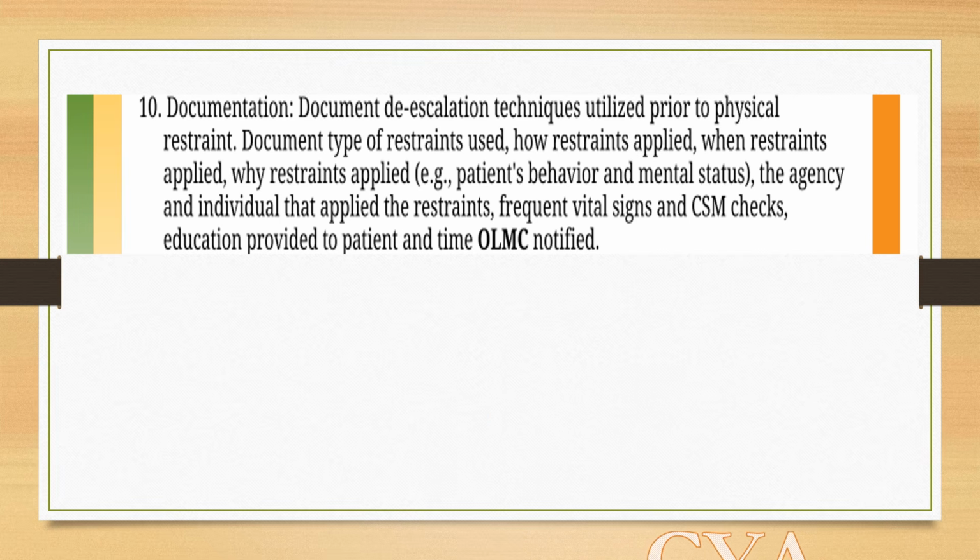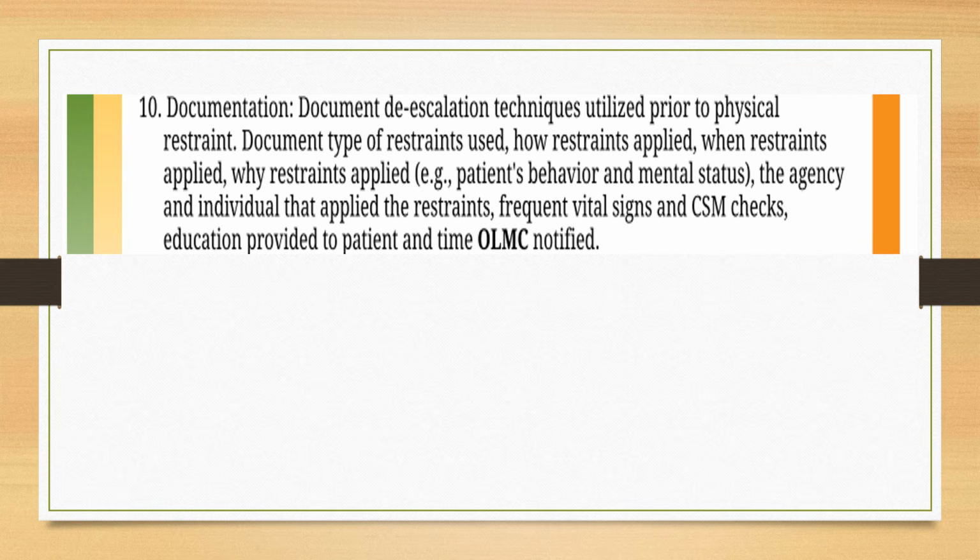The protocol moves on to give us a CYA section, meaning our documentation. As I just discussed before, we need to make sure we document any de-escalation techniques we use prior to going to physical restraints, document the type of the restraints used, how they were applied, when they were applied, why they were applied, the agency and the individual who applied the restraints. So was it the cops with handcuffs, or was it us with what we had in the back of the ambulance?